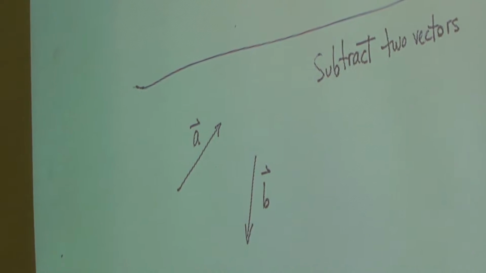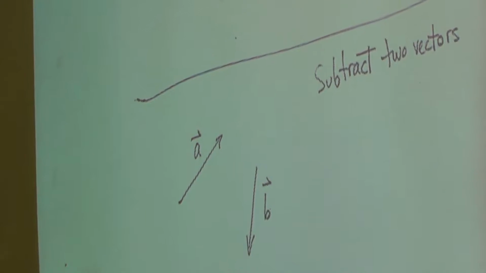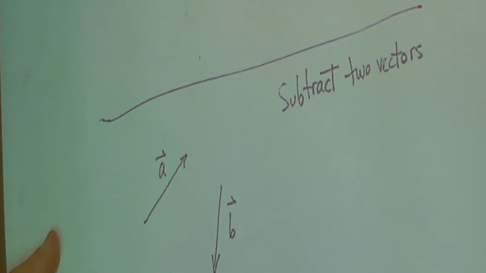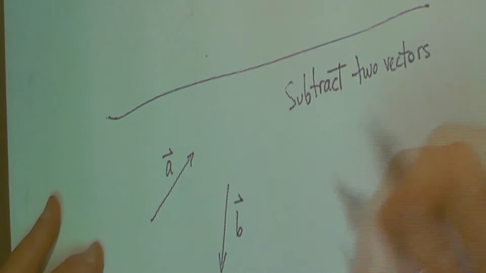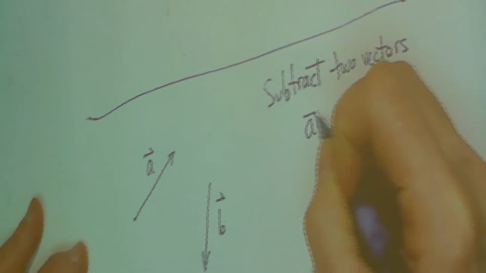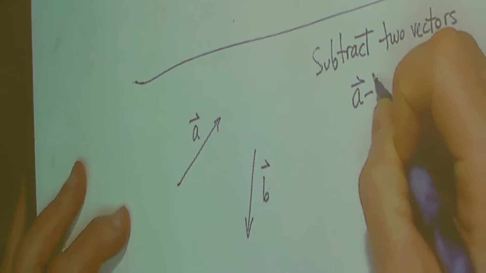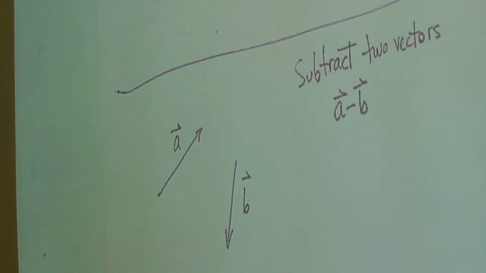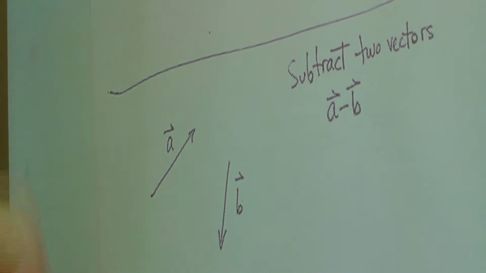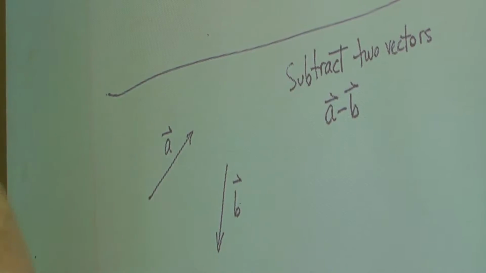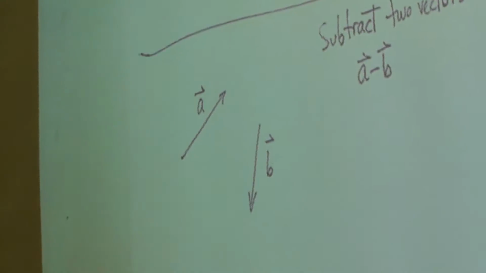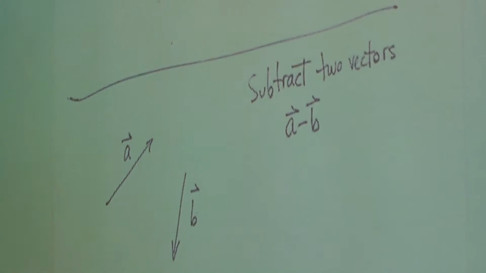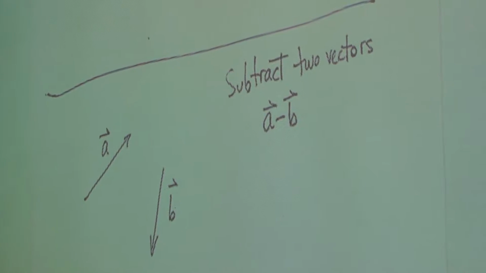And here, like subtraction in general, it's going to matter whether I go A minus B or B minus A. So let me go A minus B. There are ways to simply set the vectors up tail to tail and then remember where you're supposed to start, where you're supposed to end. I hate that because I can never remember the order.